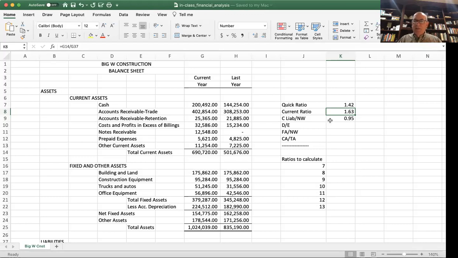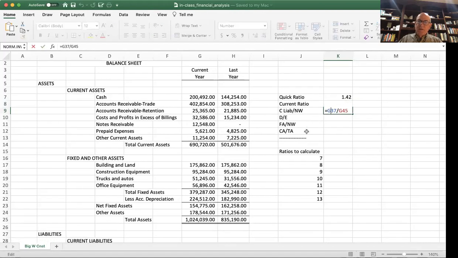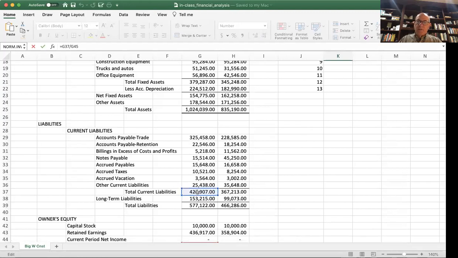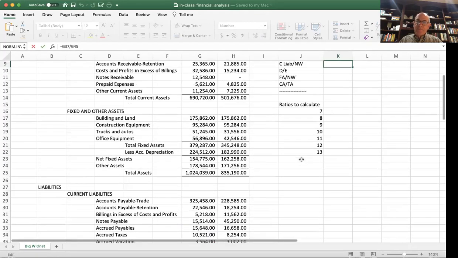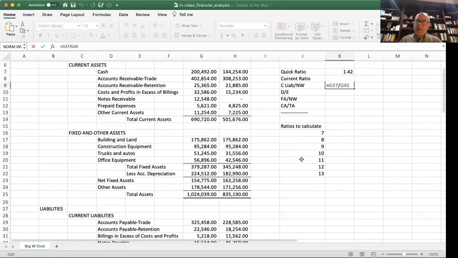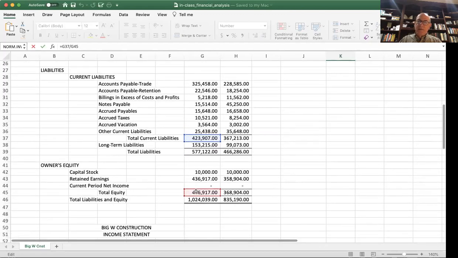And finally, we've got current liabilities to net worth. And current liabilities, of course, that's pretty easy. Both these numbers are way down south here. There's your total current liabilities. We used that number before. As you go through, these numbers are going to seem very familiar to you because you're going to use them a lot. There's your current liabilities, and the denominator is net worth or total equity.